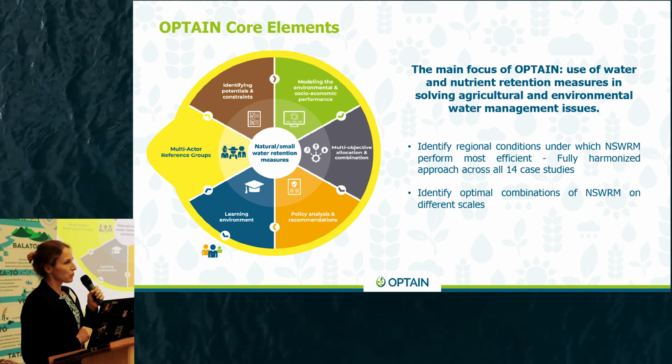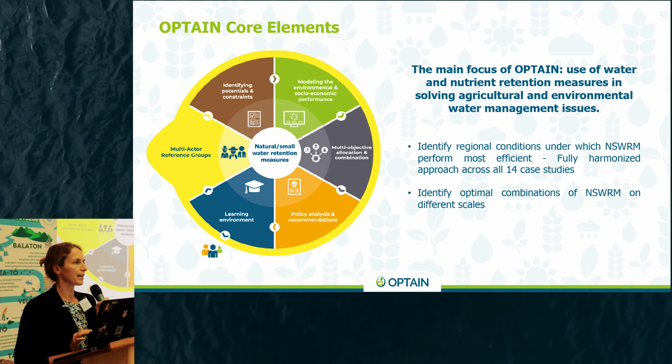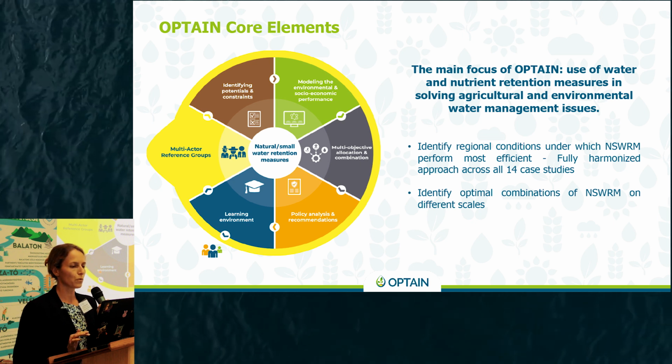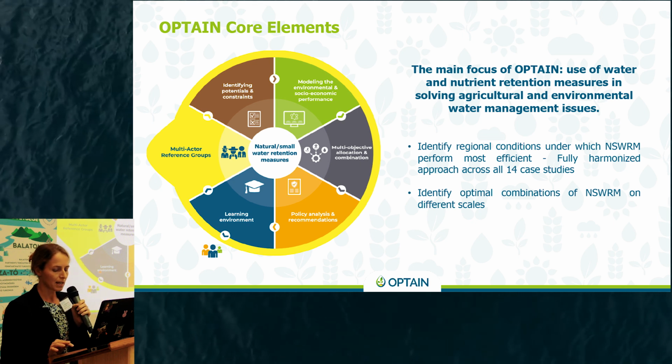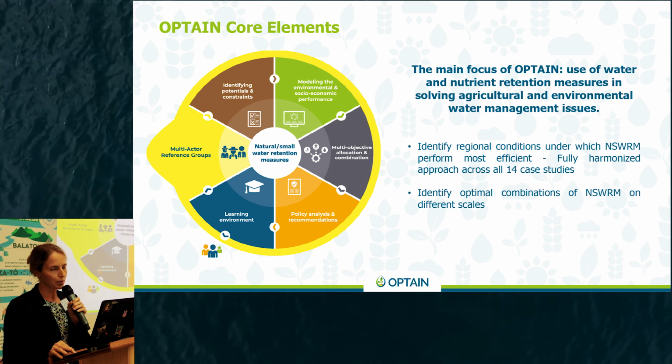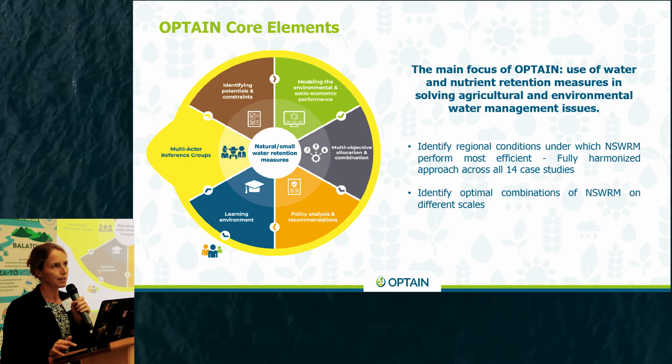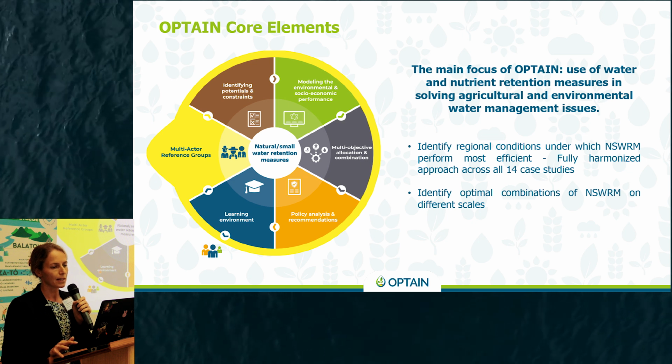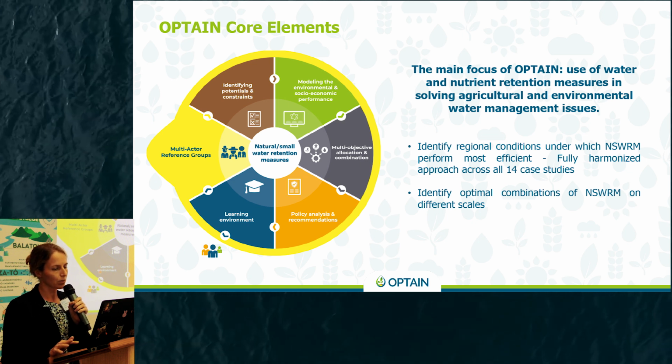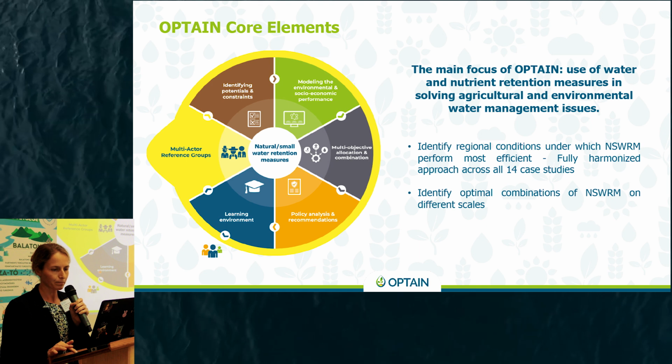So the aim of the project is to assess the effectiveness of natural small water retention measures, and that's why we are using both environmental and socio-economic models on 14 case studies.